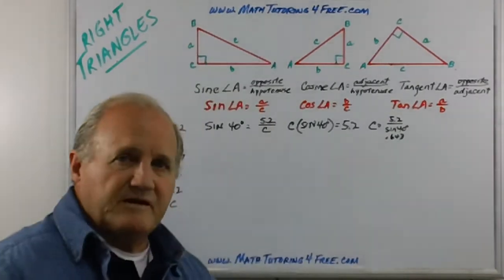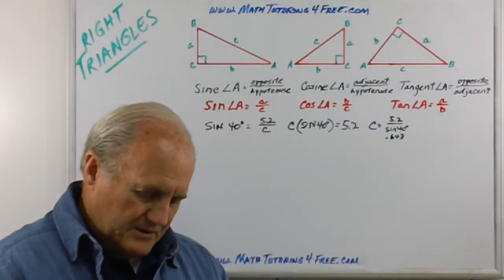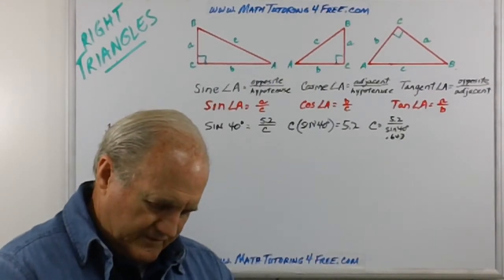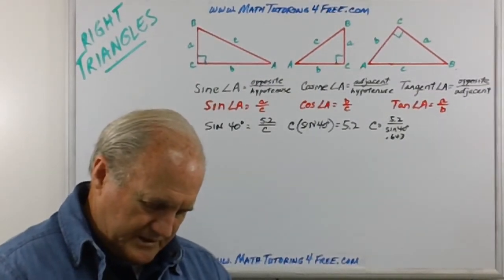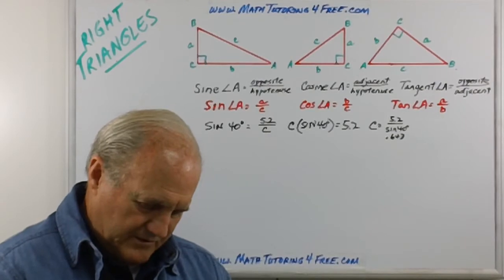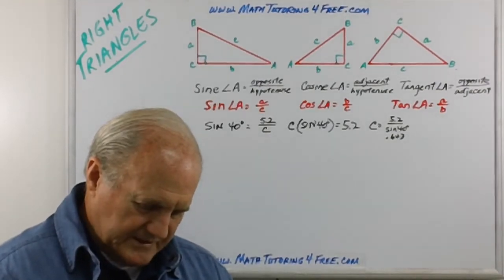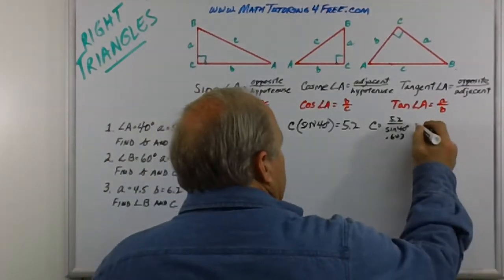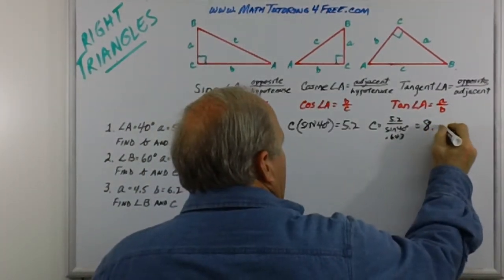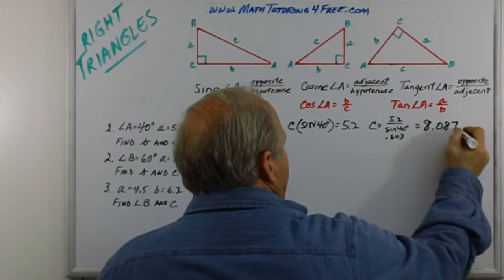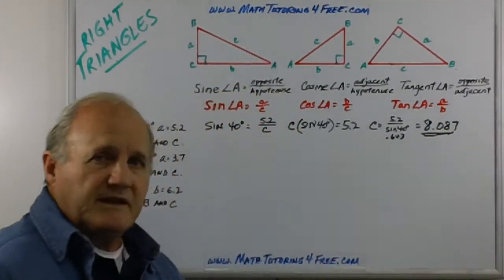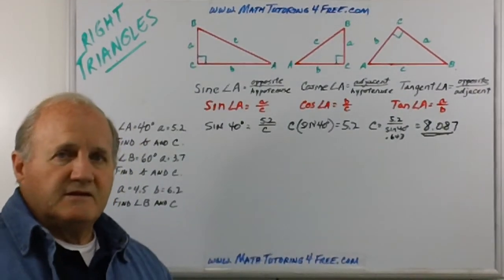So now we have 5.2 divided by 0.643, and it tells us that the answer is 8.087. Okay, you might just round that off to 8, but that's how we find one of the sides.